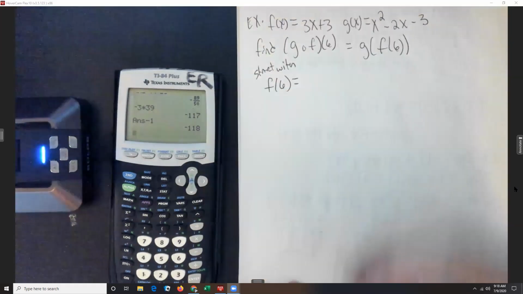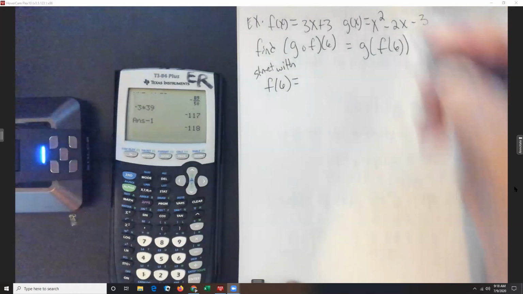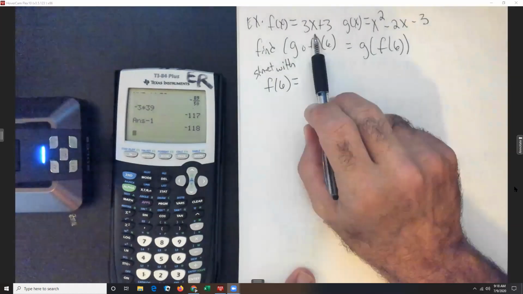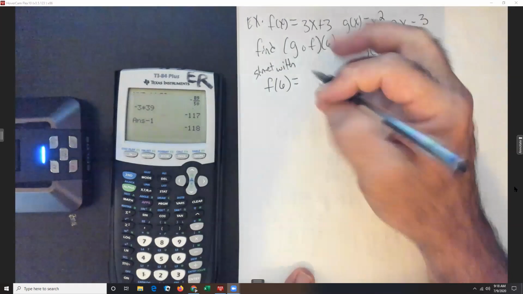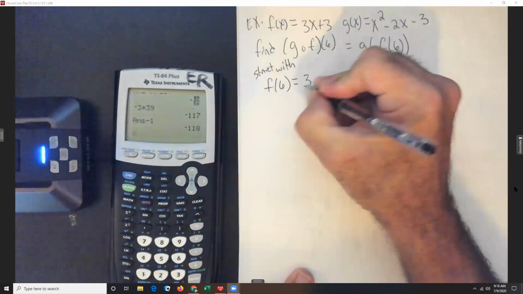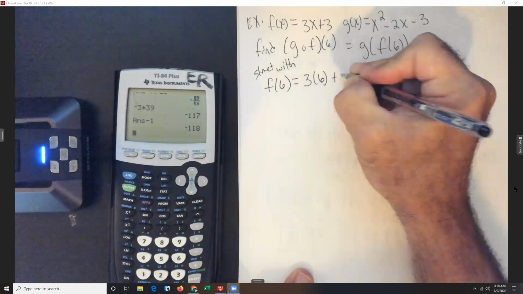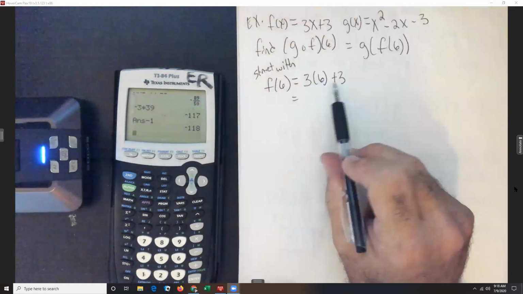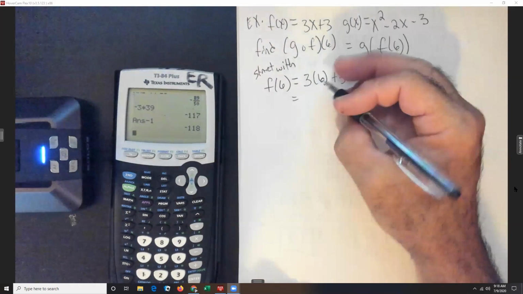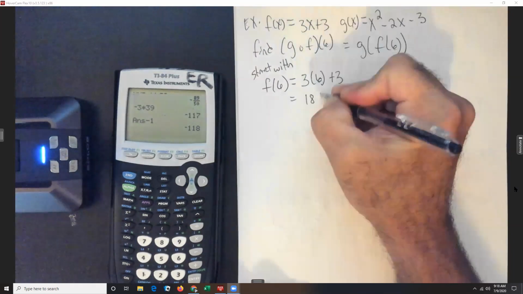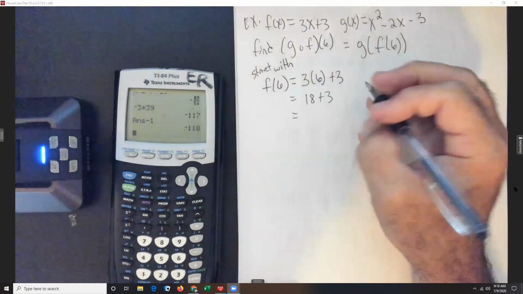So start with f of 6. F of 6 will equal this f equation, 3x plus 3. In place of that x, I'm going to put that 6. So 3 times 6 plus 3, which is 18 plus 3. 18 plus 3 is what, a 21.